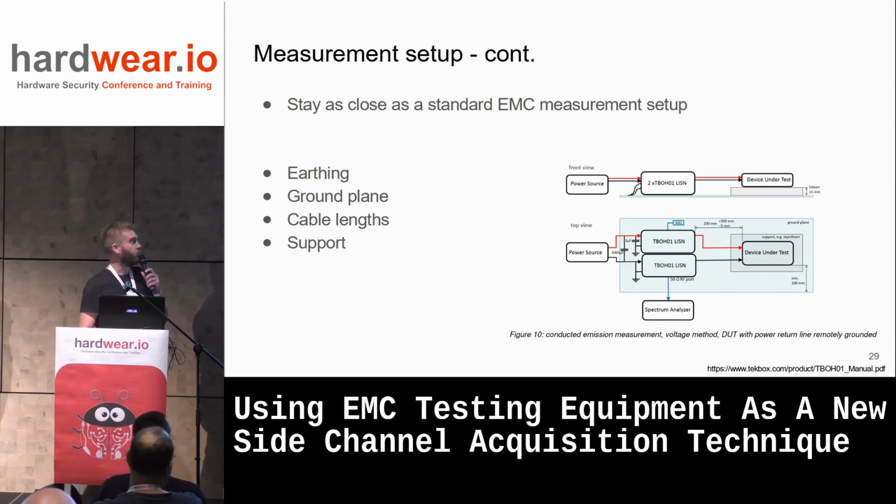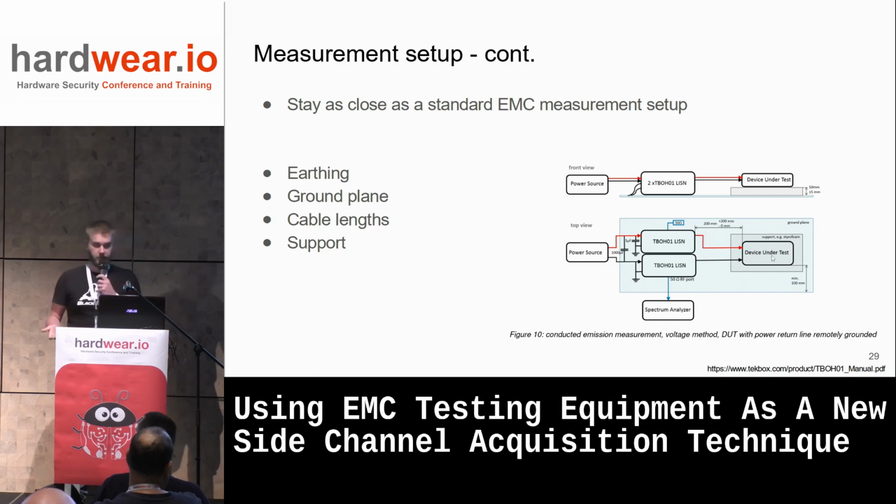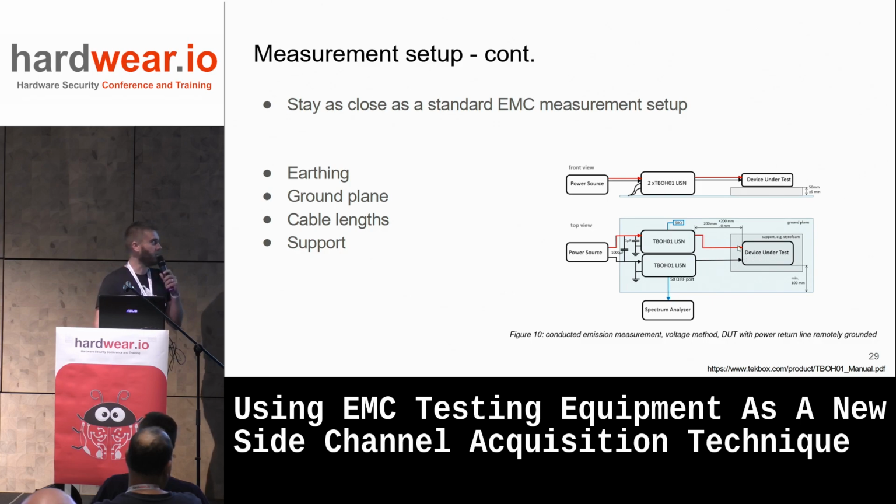So what you have to do, where is it? Here, yeah. So you have your power source, you have your two LISNs connected on the VCC and ground lines, and then you have your device that you want to test. What is really important is the length of the cables.